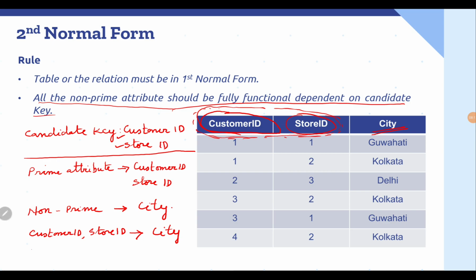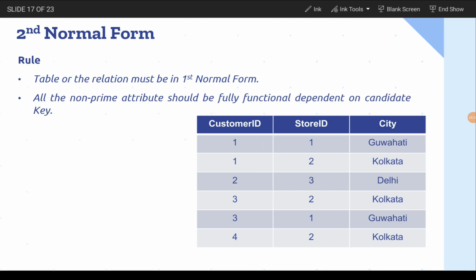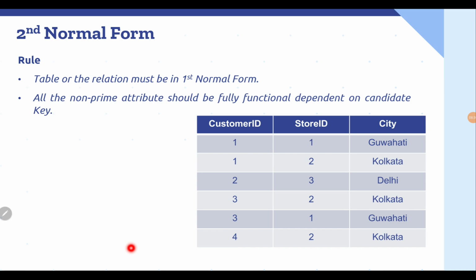Now we need to check this one. I am going to erase all this and we are going to check this particular table, whether it is following the second normal form or not. As per the logic we have derived just now, customer ID and store ID is determining city.